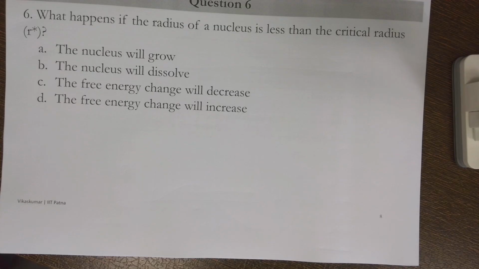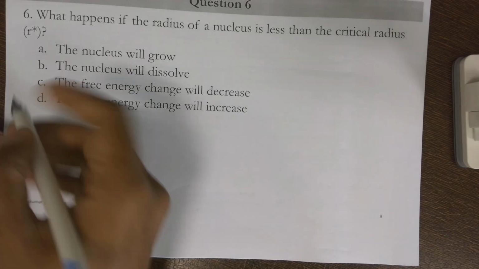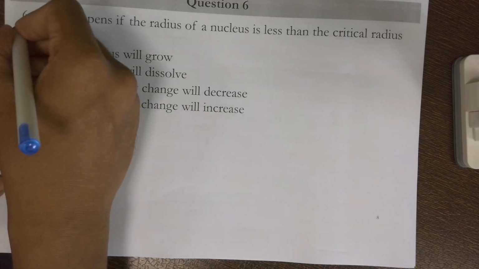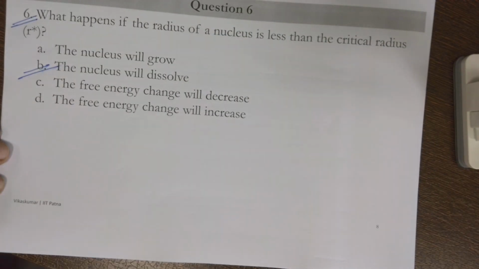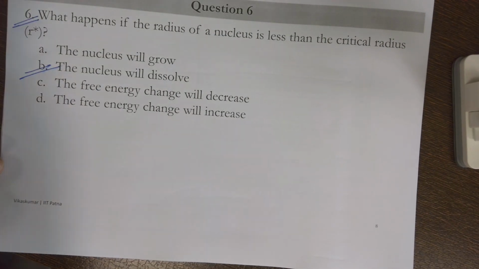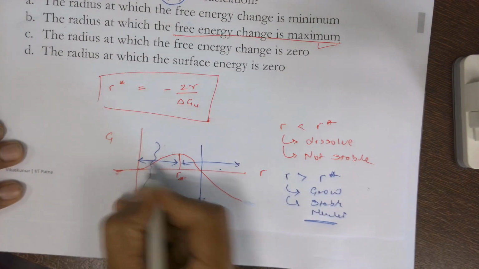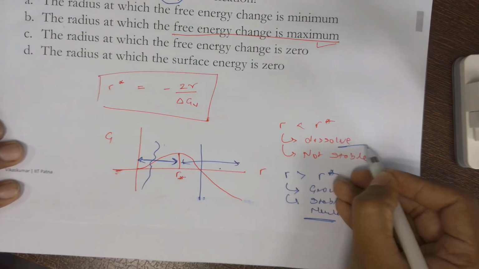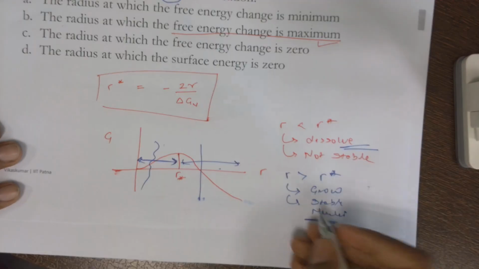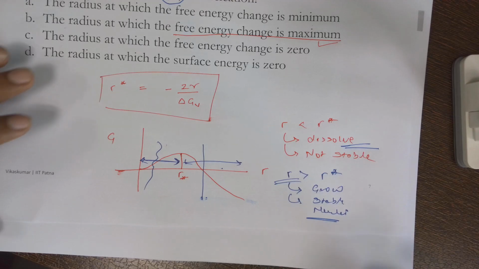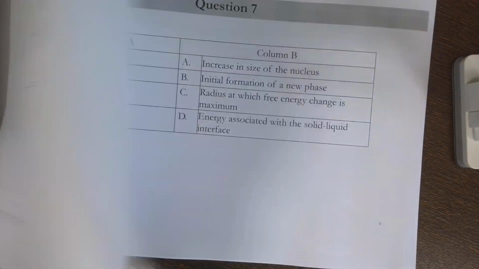The right answer is the nucleus will dissolve. Right. So over here they will dissolve. But if we talk about the one which is greater, then they will be stable and they will further grow. Yeah, very good, Vishnu. Option B is the right answer.